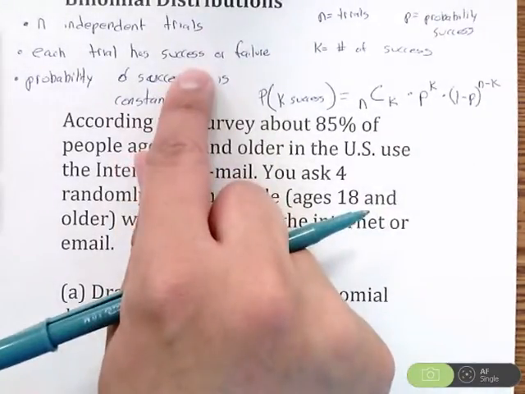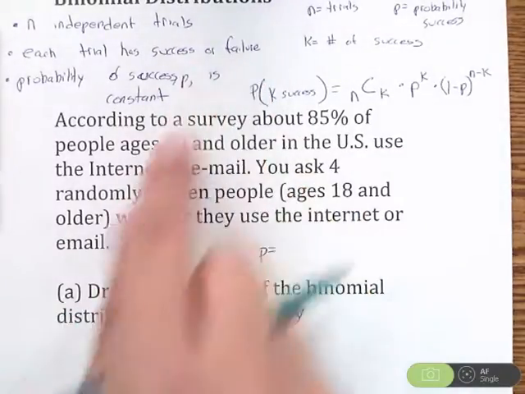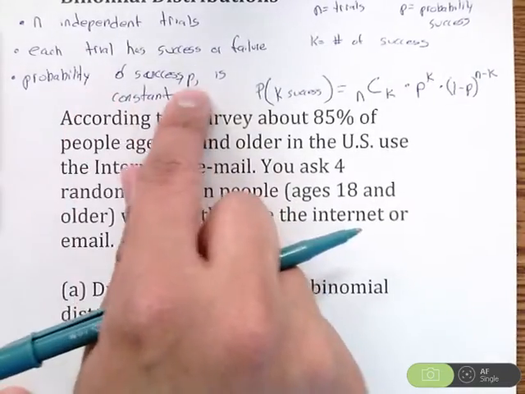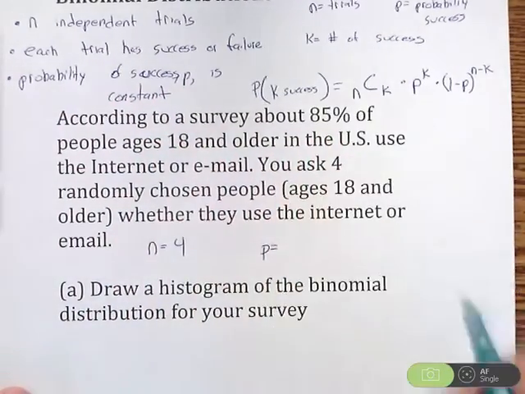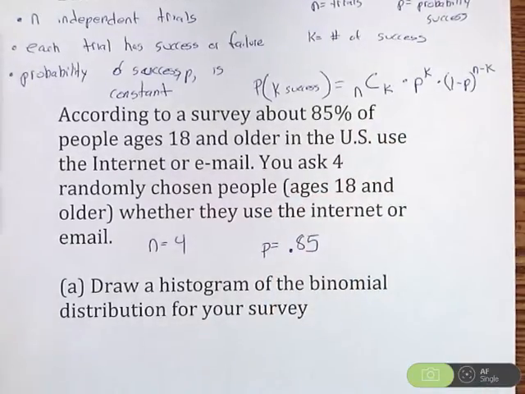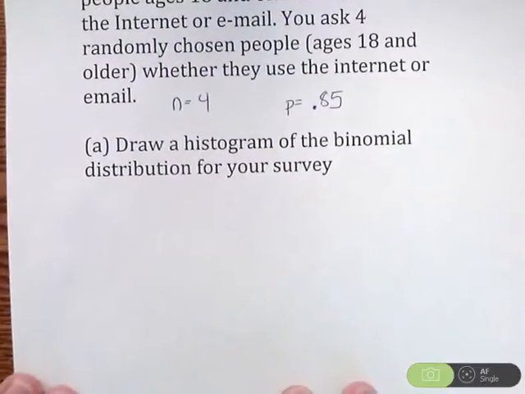So our success would be someone saying yes, they use internet or email. Failure would be they do not. And that probability is constant because they tell us the probability that they use internet or email is 85%, but we're going to use the decimal equivalent, 0.85.